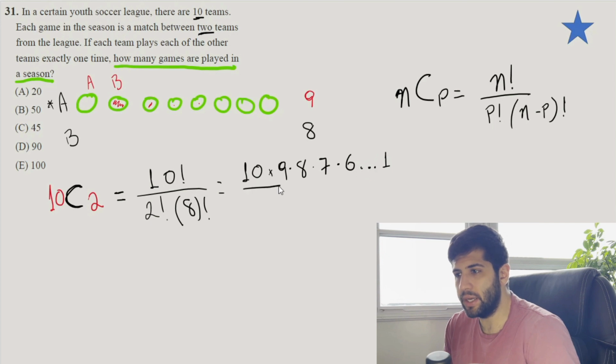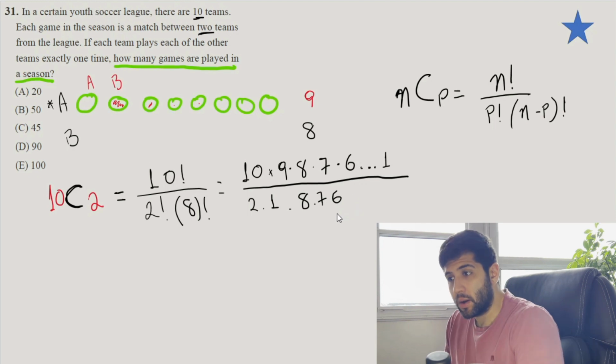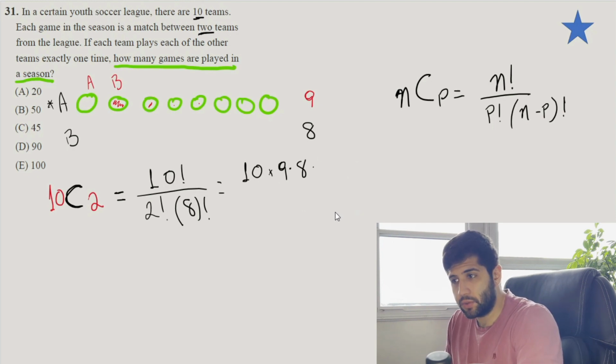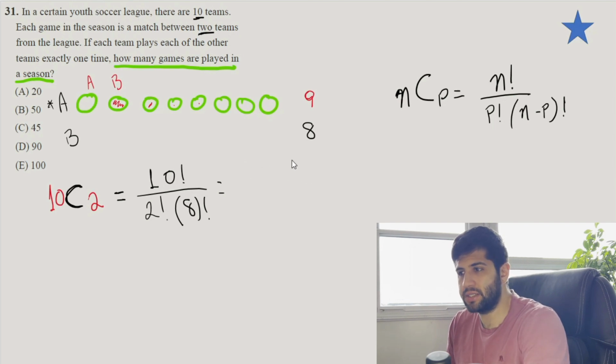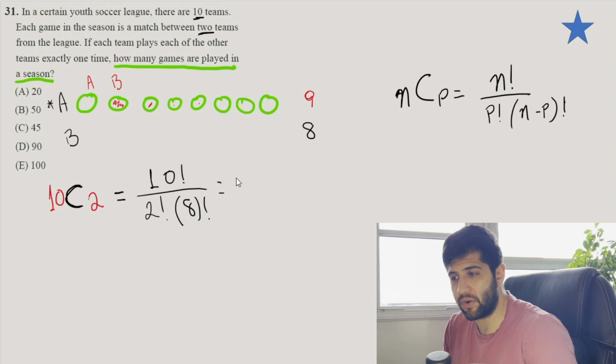And here I do the same, it's also a factorial: 2 times 1, and here 8, 7, 6, and so on. But I'm going to write this equation in a different way. I just did that to exemplify how it's done.